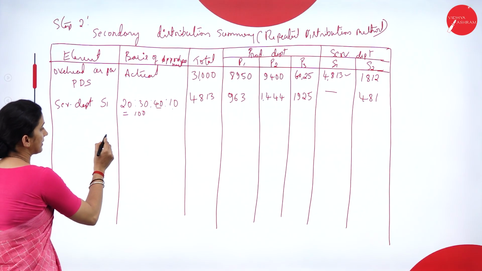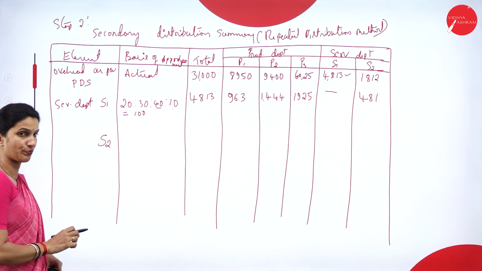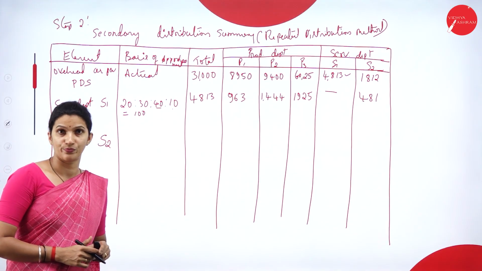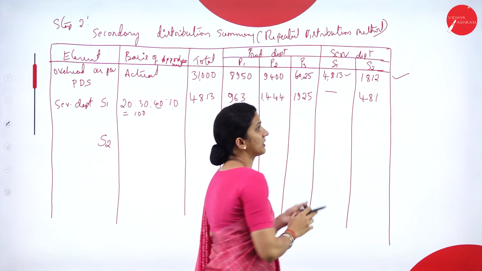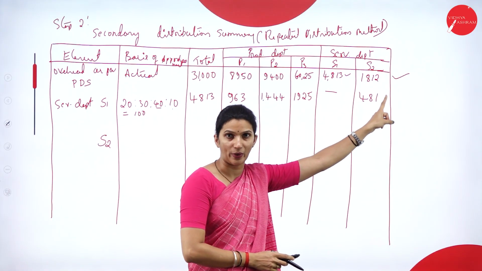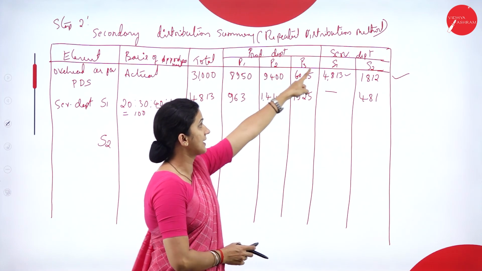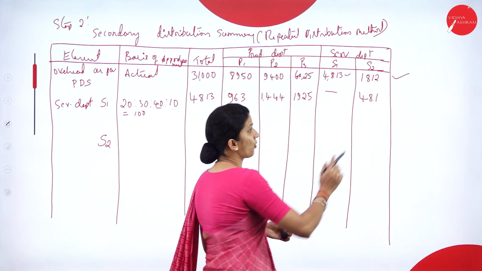Then again another service department, S2. So what is the overhead of S2? When we take the overhead of S2, as per the primary distribution summary, it is 1,812 plus the S1 overhead we have, which is 481.